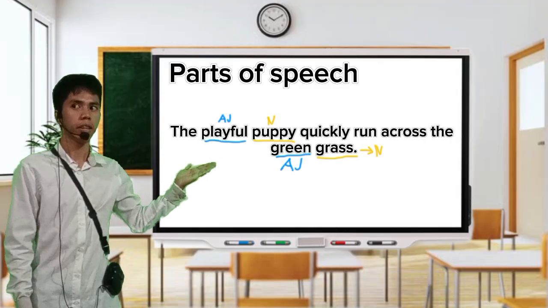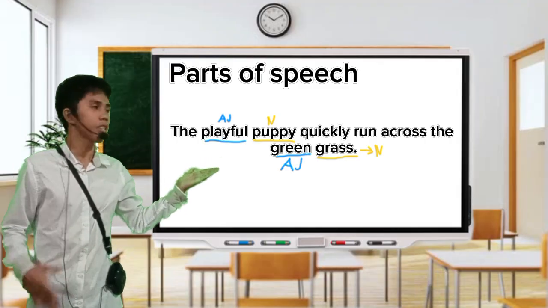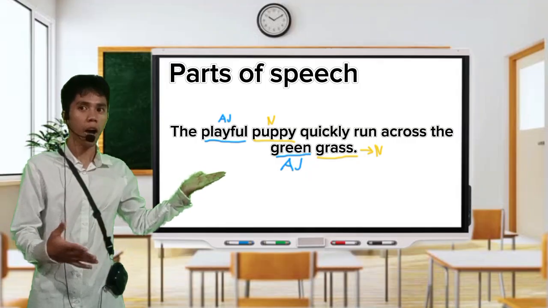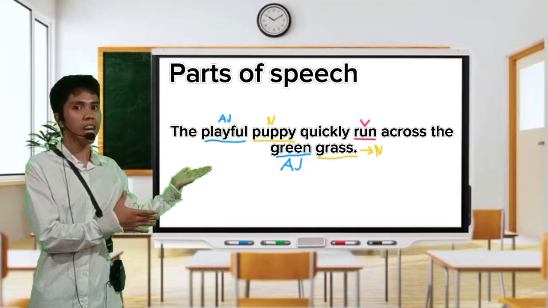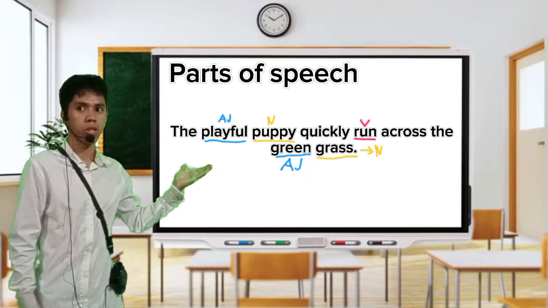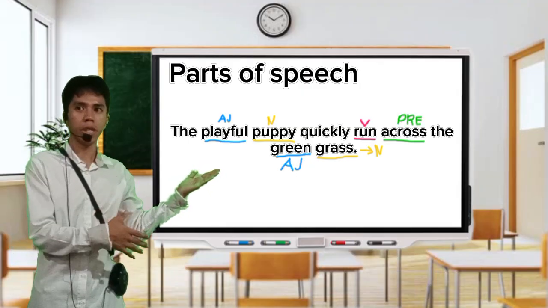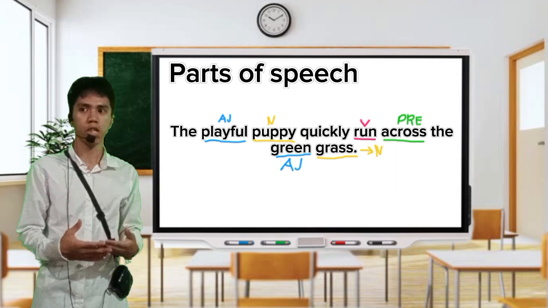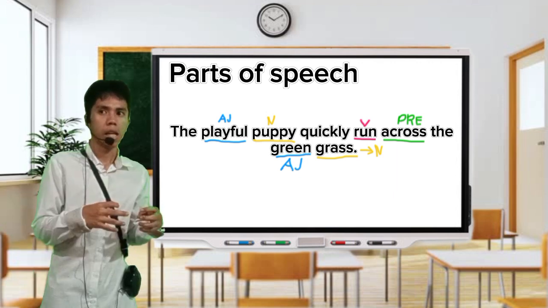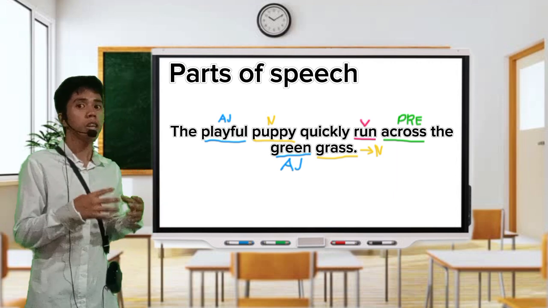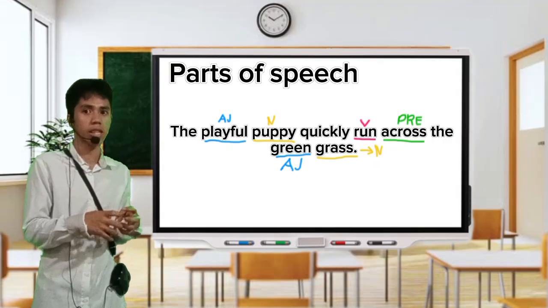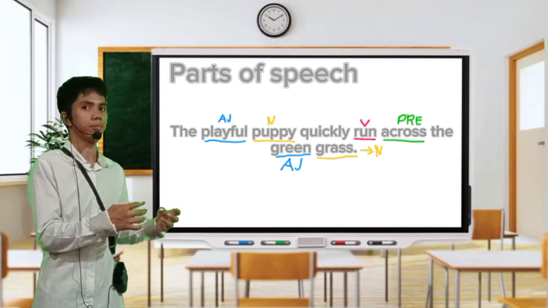Playful and green are adjectives describing those nouns. Ran is the action verb, and across shows the relationship between the verb and the grass, a preposition. Understanding how these different words interact makes our sentences clear and descriptive.